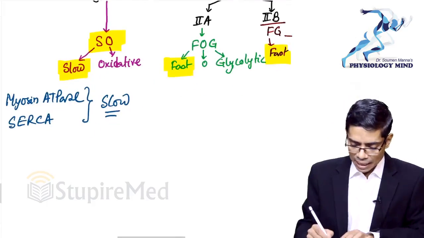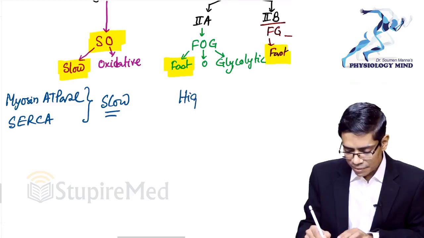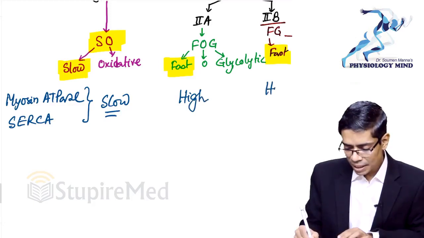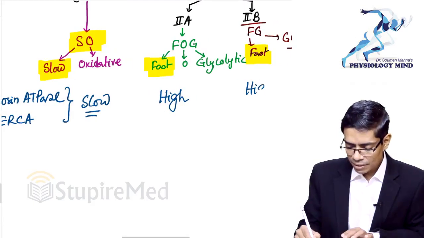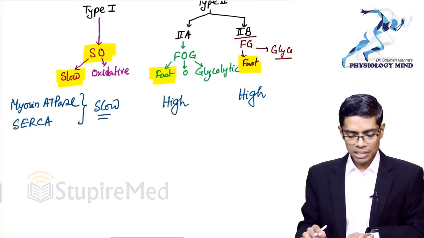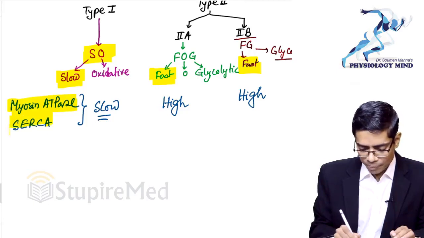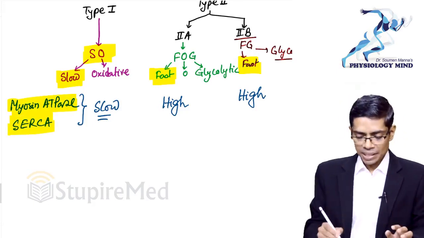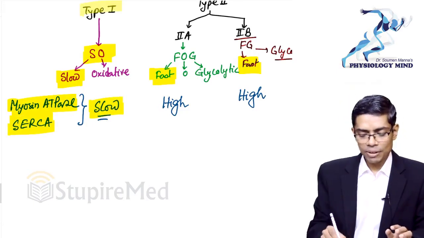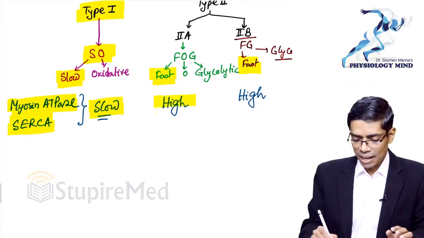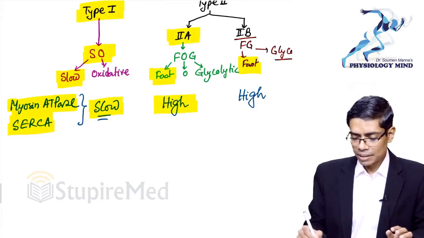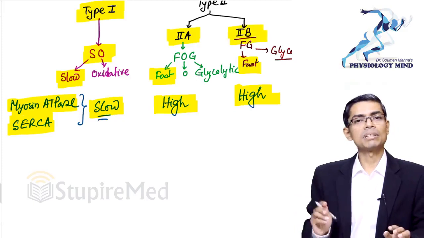And if this enzyme activity is very high, then the muscle will be fast type. So please remember: myosin ATPase and sarcopump. This activity is very slow in case of type 1 fiber, but high in case of type 2A, and high in case of type 2B fiber.